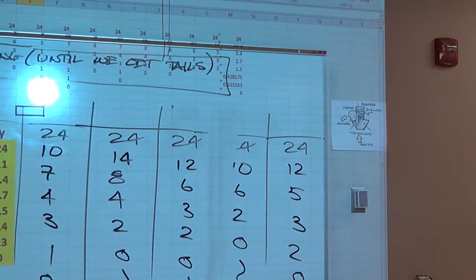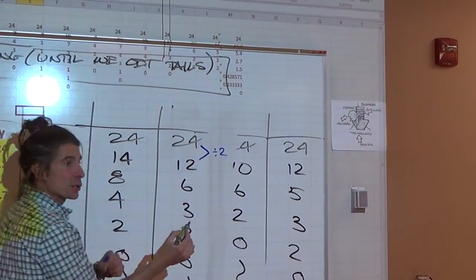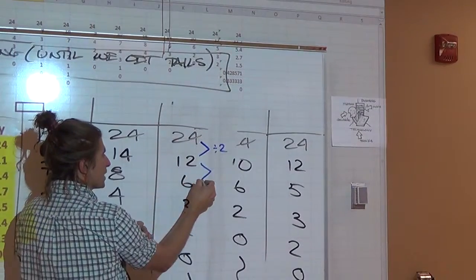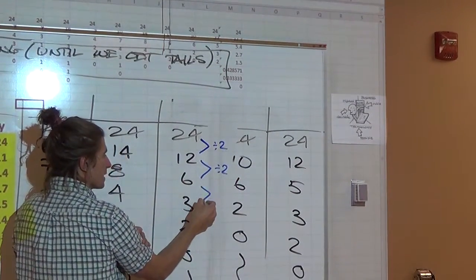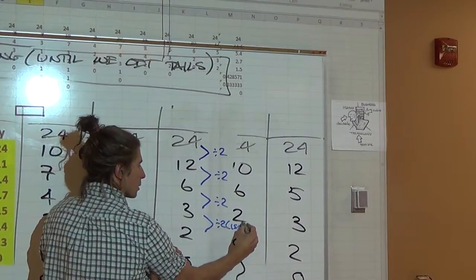And realize that there is a really nice pattern at work. To get from 24 to 12, you divide by 2. 12 to 6, divide by 2. 6 to 3, divide by 2. 3 to 2, divide by 2-ish.